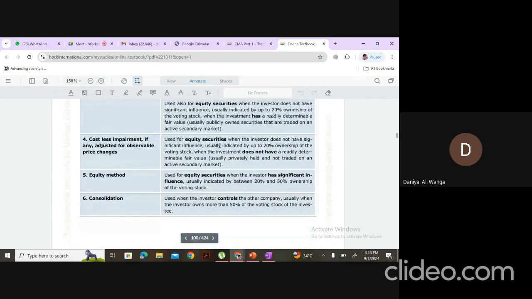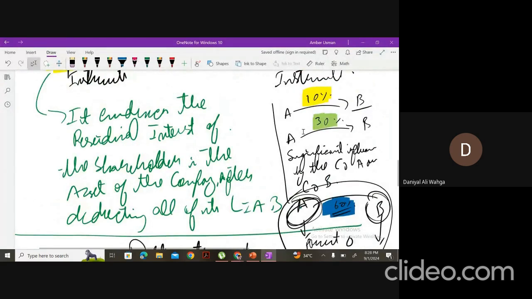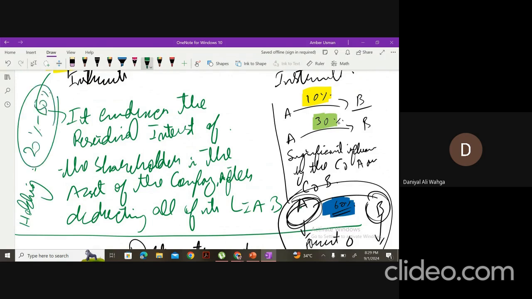That is in the case that the equity securities are not traded in the open market, or not available in the market, or do not have an active secondary market. Then there is the equity method, which is basically the same thing I have already discussed. If company A has acquired company B and the ratio is around 30%. The equity method is used when the holding is between 20% to 50%.